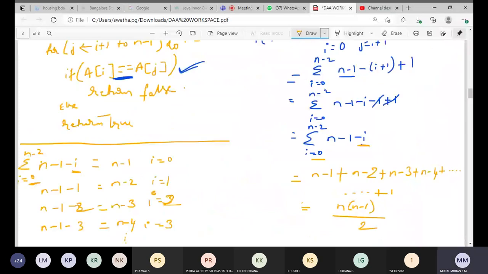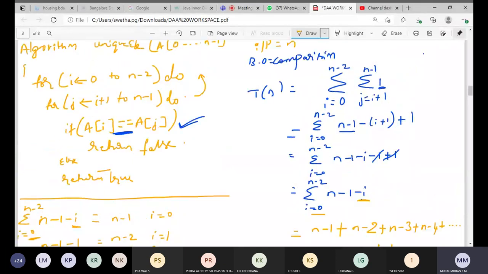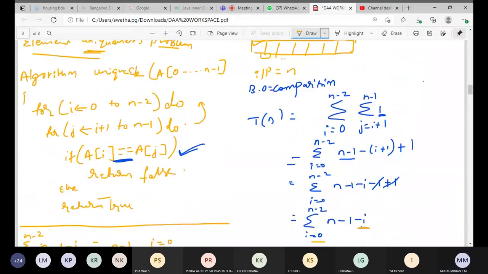Clear? So this is the time complexity for checking uniqueness of an element in an array of size n.